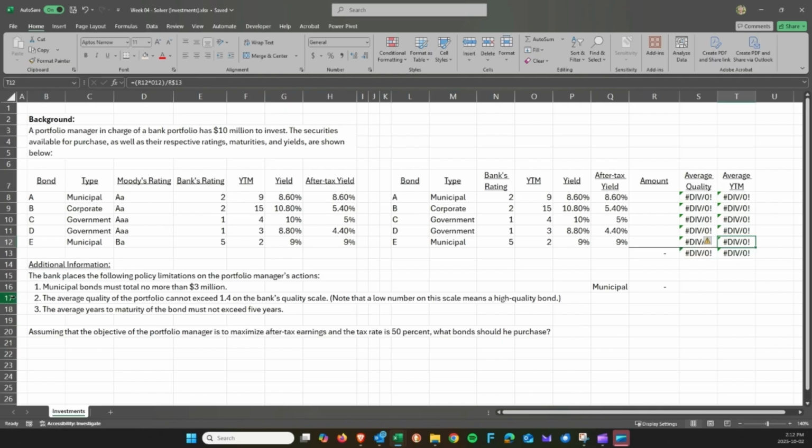So I've gotten at least some test right now for all of these restrictions. I need to calculate now one more thing, my after-tax earnings. So I need to have my objective cell calculated, total earnings.